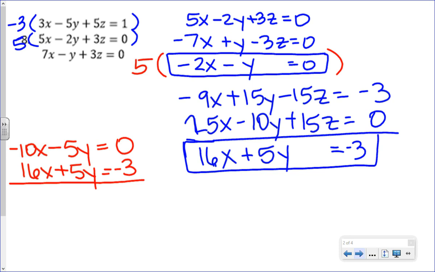And when we add those together, we get 6x equals negative 3, or x equals negative 1/2.